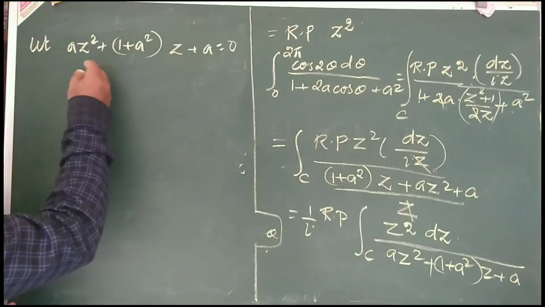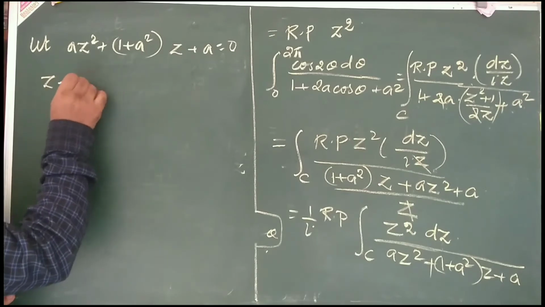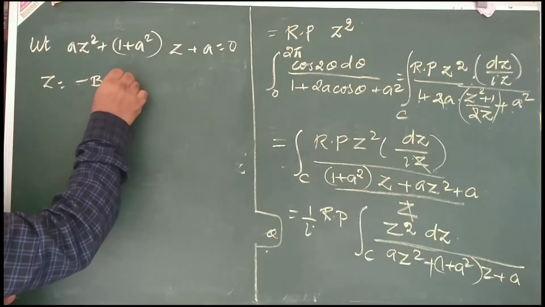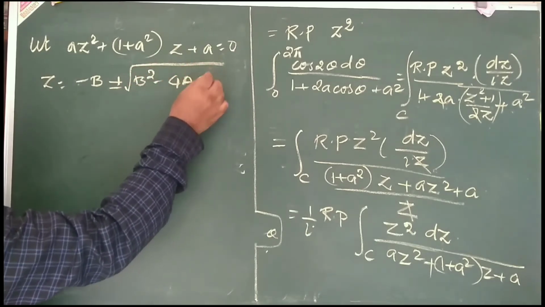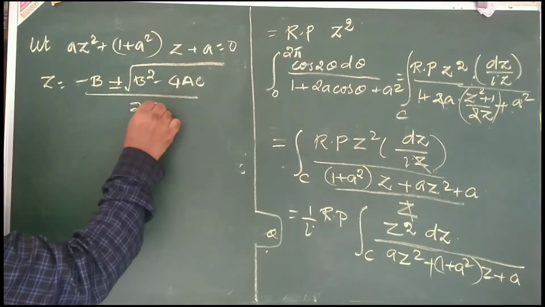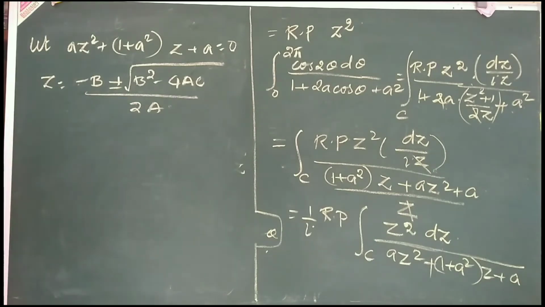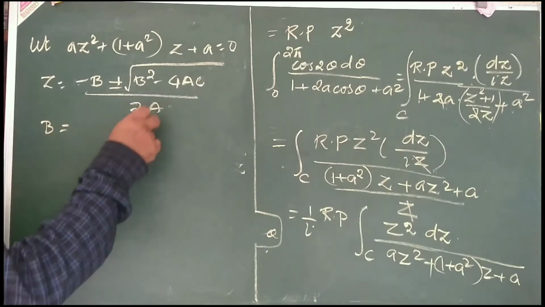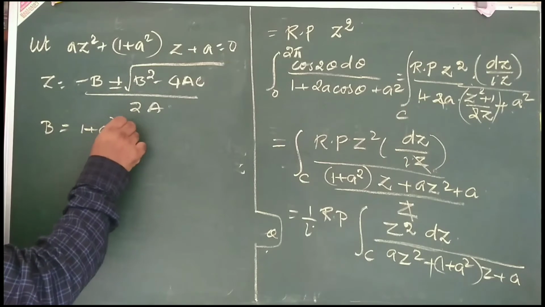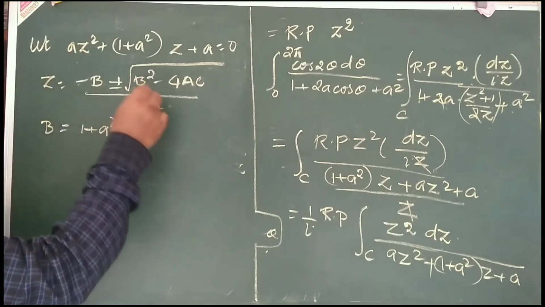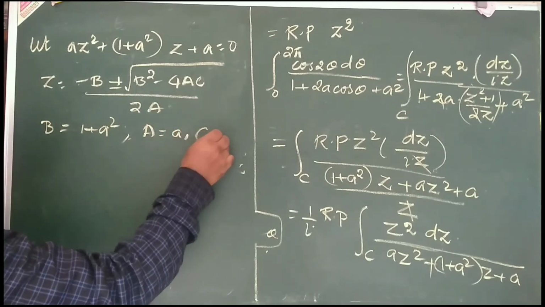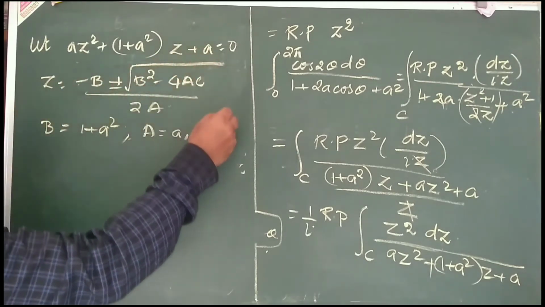So z is equal to minus b plus or minus root of b square minus 4ac, the whole divided by 2a. What is b? B is the coefficient of z, that is 1 plus a square. A is the coefficient of z square, that is a. C is the constant term, that is a.